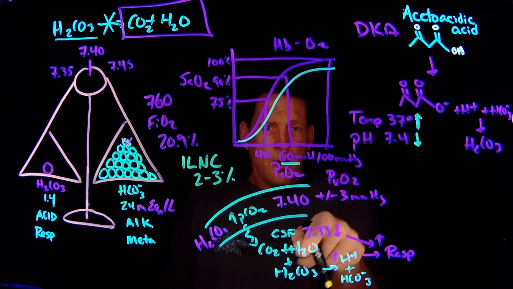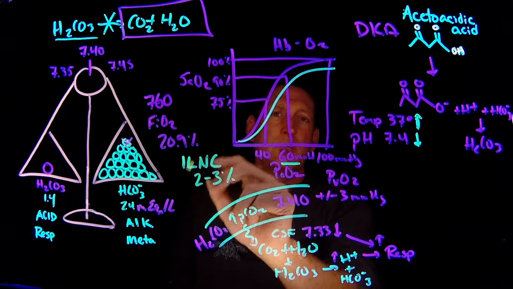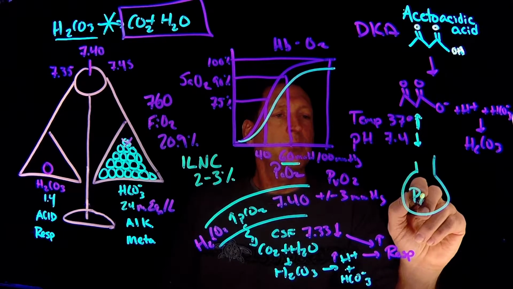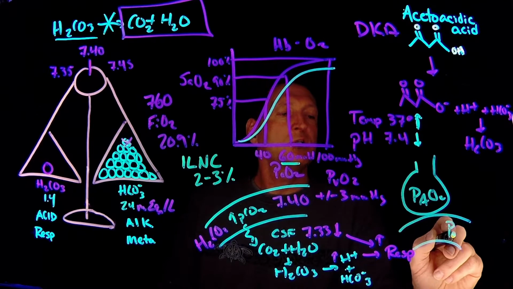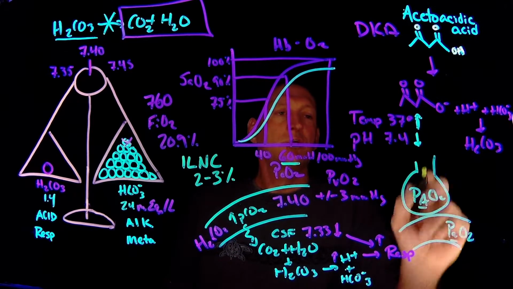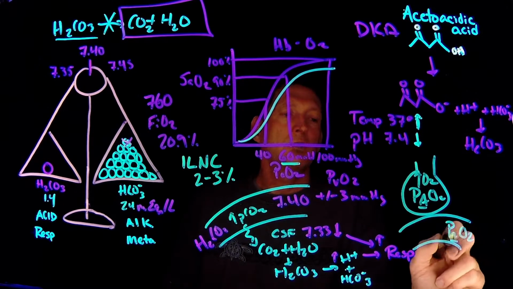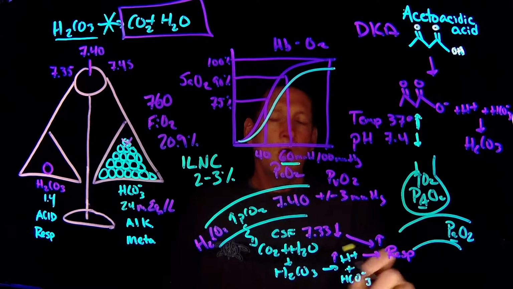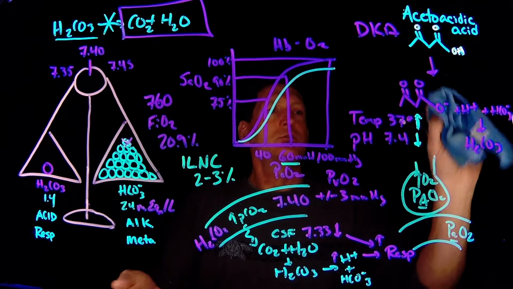As I increase the percent of atmospheric oxygen, what's happening in the alveoli is I'm increasing the PAO2, which then should respond by increasing the PaO2. This is alveolar, this is arterial. So as I increase the oxygen here by increasing the nasal cannula, I should increase it in this area also.